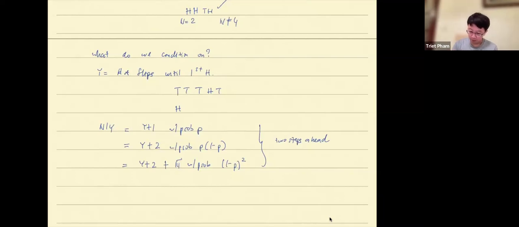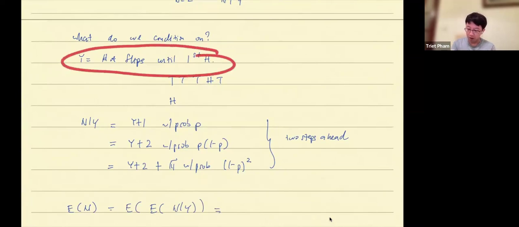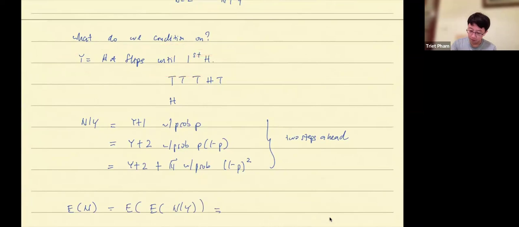All right, then let's just write down the whole thing. Expectation of n is expectation of n given y. Well, we know what expectation of y is. Y is the number of flips until the first head.